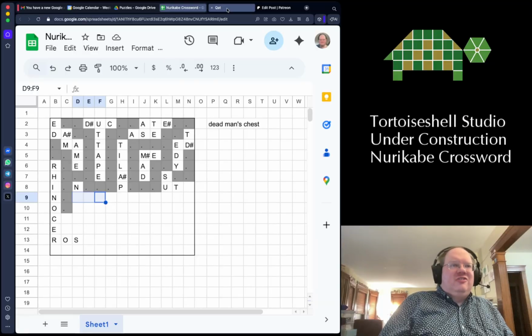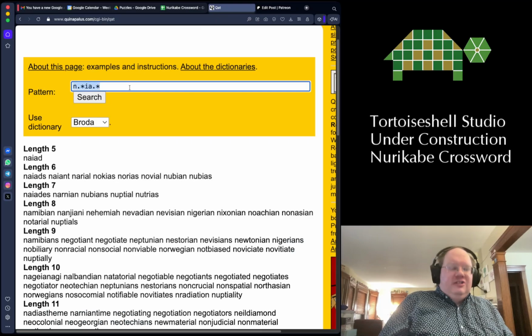Is there anything else that is in P in... well, it doesn't have to be an N. Well, N is good because it would give us the N we need for Dead Man's Chest.